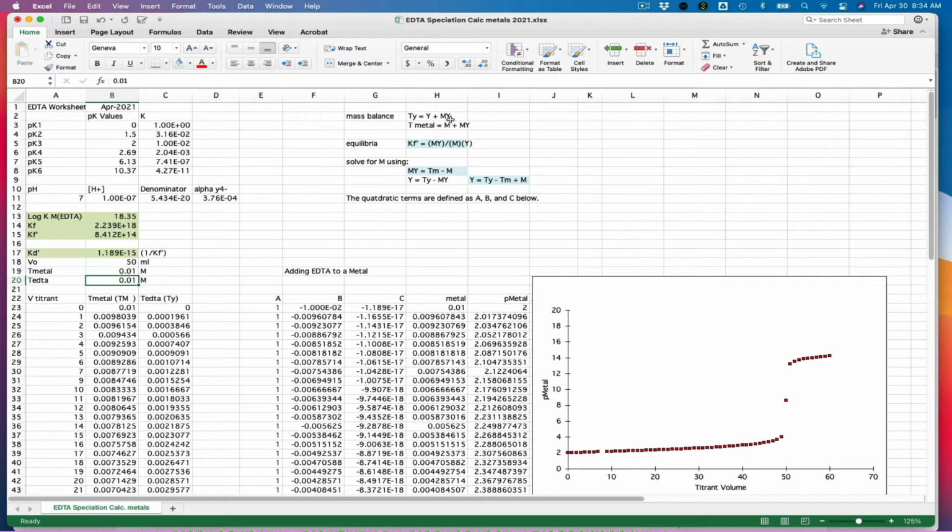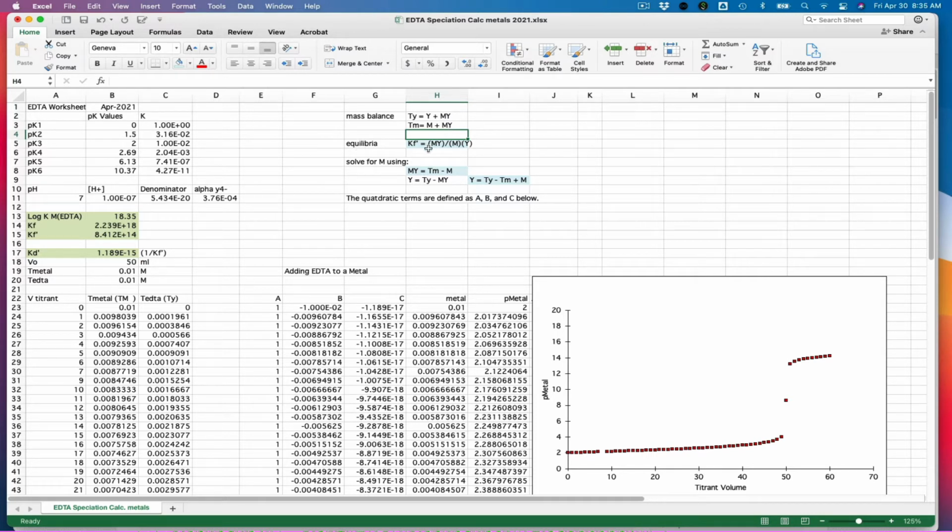It can be in one of 2 forms; add them together, that equals the total. Total metal, let's just make that Tm, is the metal plus the metal EDTA. Again, it can be in one of 2 forms, and you simply add them up.